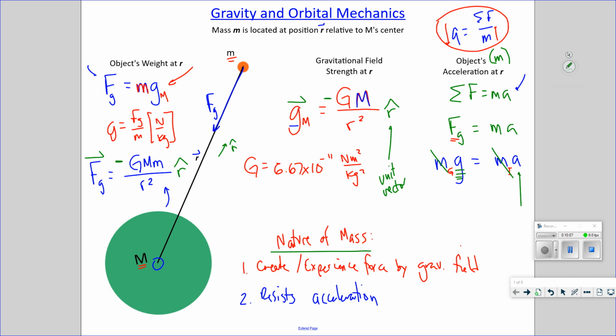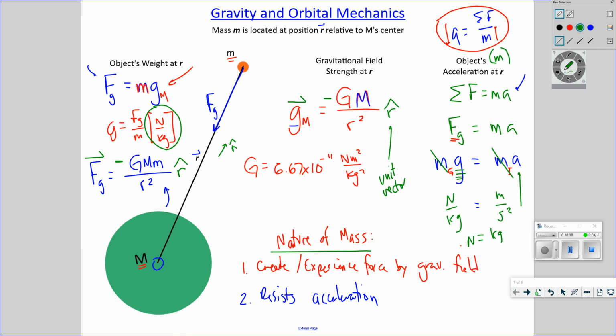This also is a reason for the fact that, if we look here, gravitational field on the left is measured in newtons per kilogram. Acceleration, as many of us know, is measured in meters per second squared. And we say, yes, fine, that's true, because a newton is a kilogram meter per second squared. Yes, it is because we say it is.